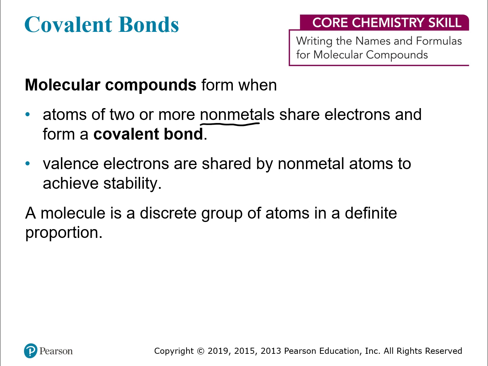So we defined a covalent bond at the very beginning. The valence electrons are shared to achieve stability, whereas with the ionic compounds, we just had one donating to the other. And a molecule is just a discrete group of atoms in a definite proportion.